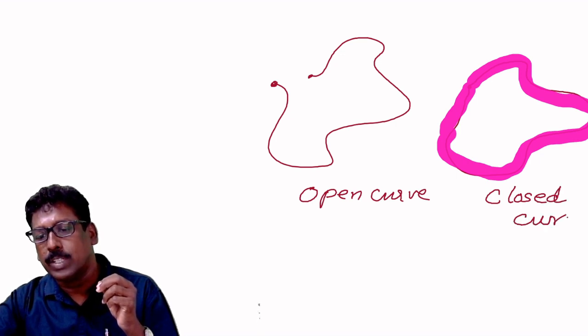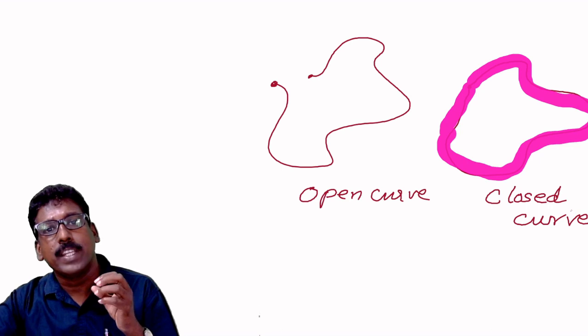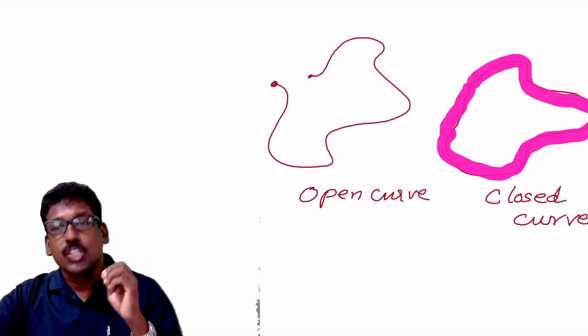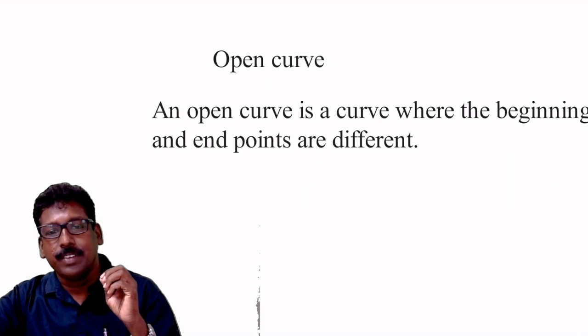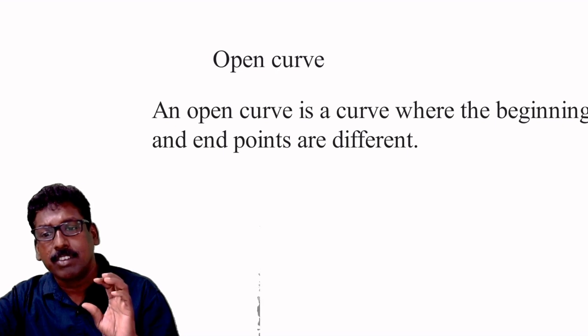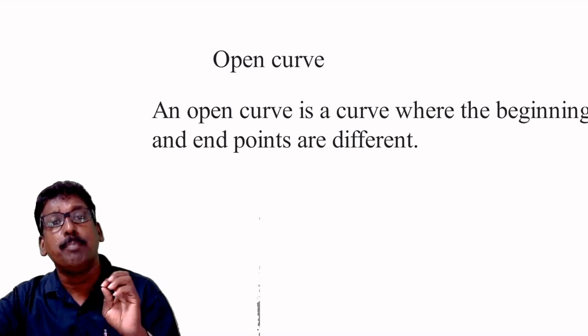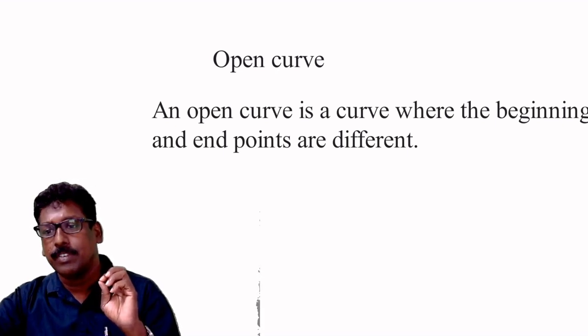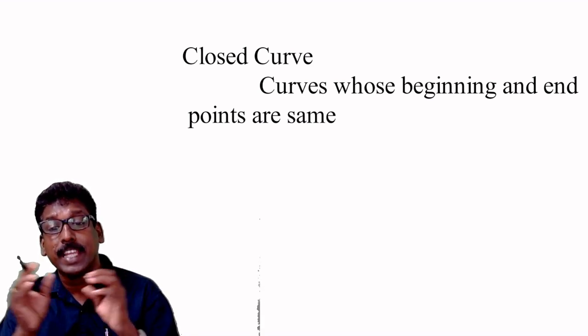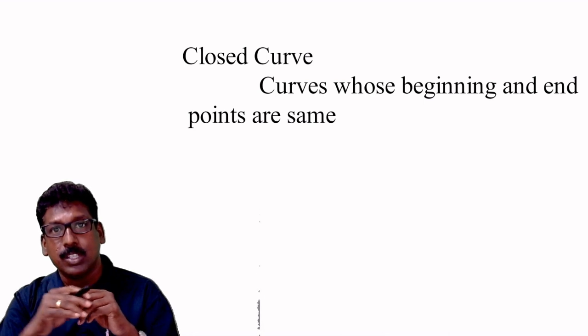So there are two types of curves: one is open and another is closed. We can define an open curve as a curve where the beginning and end points are different, whereas a closed curve is one whose beginning and end points are the same.